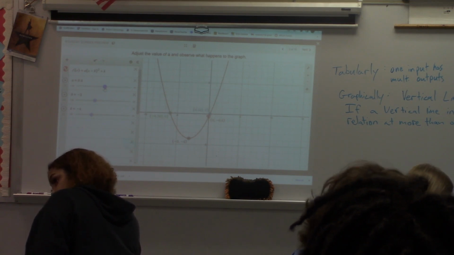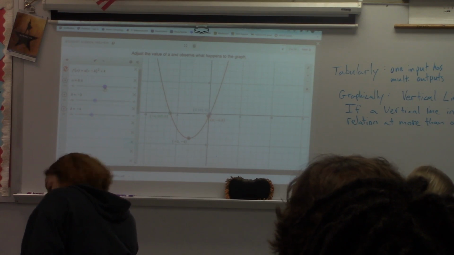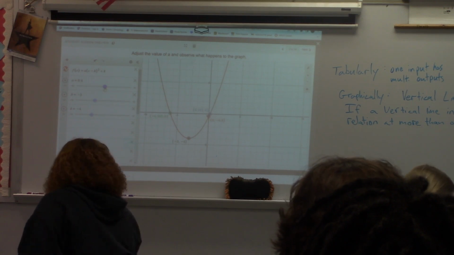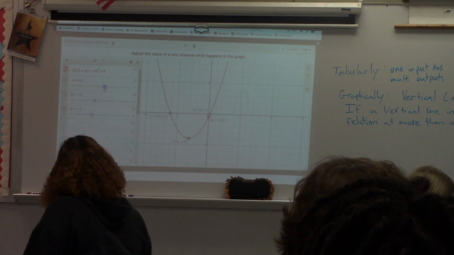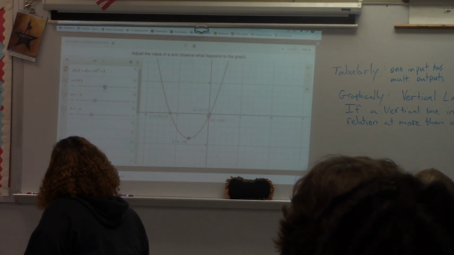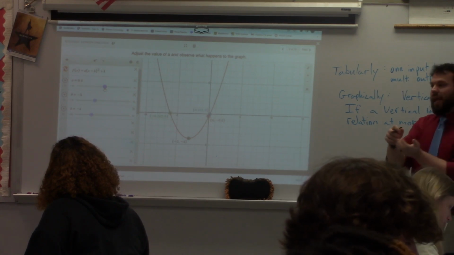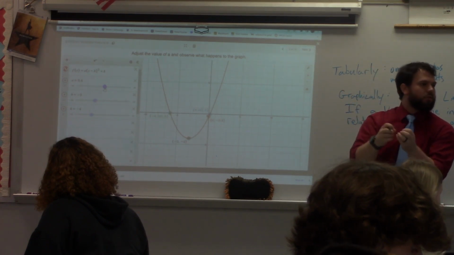One thing I want to caution you, and I know this is not what we naturally see. Hear me very clearly on this: it is not getting wider. What's actually happening is it's either being vertically stretched or compressed. When A is closer to 0, that parabola is getting squished down, so it looks wider.